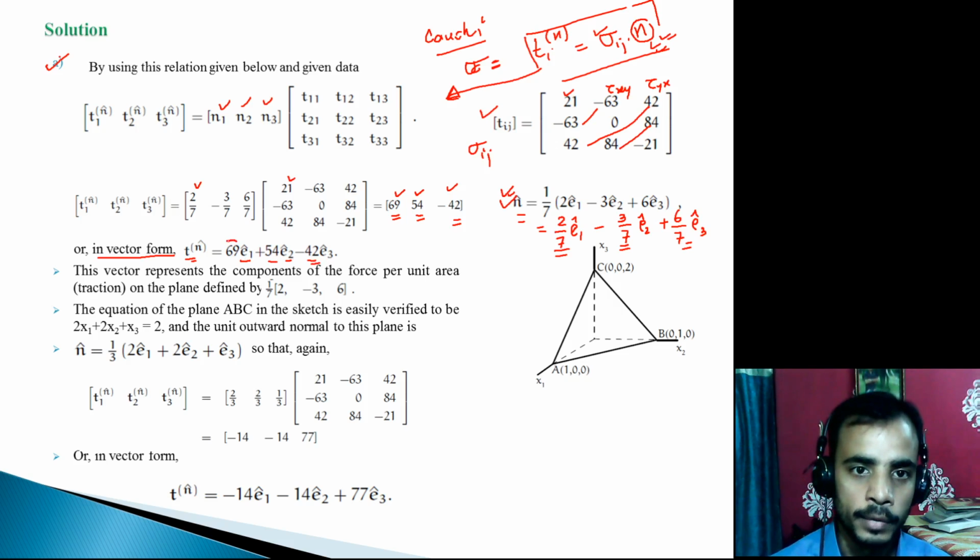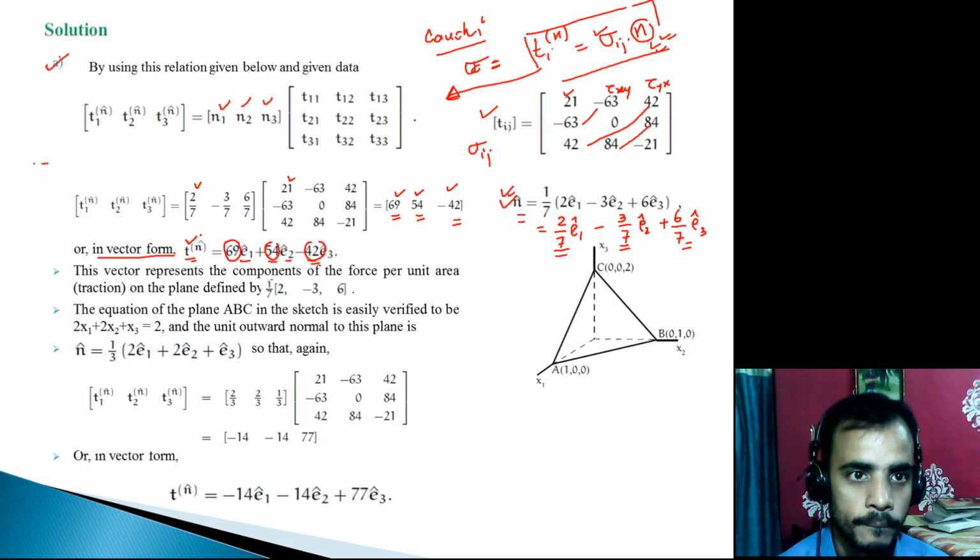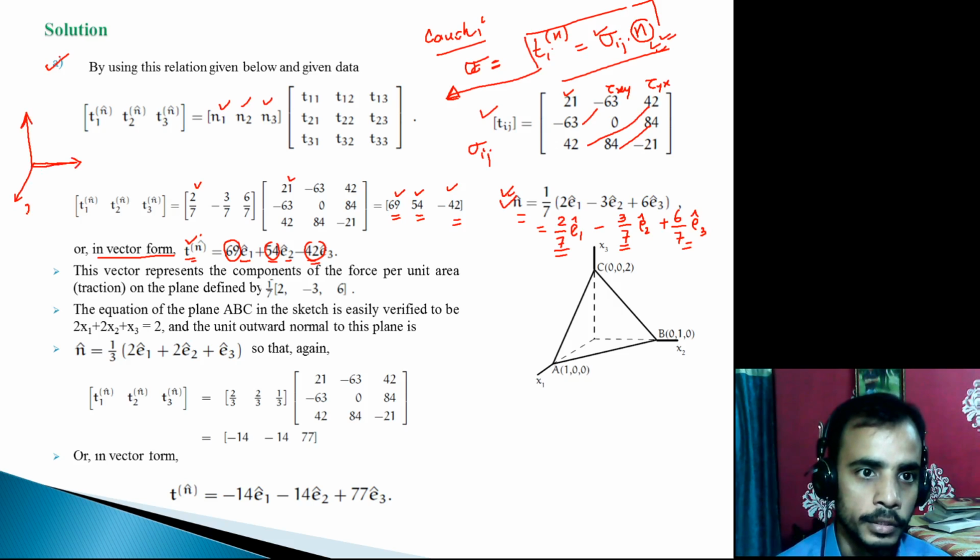So what is this 69, what is 54, what is 42? The 69, 54, 42 are the components of this traction vector, suppose you have a coordinate system like this, this is x_1, this is x_2 and this is x_3.